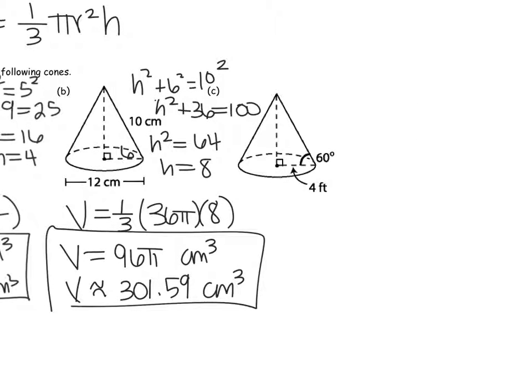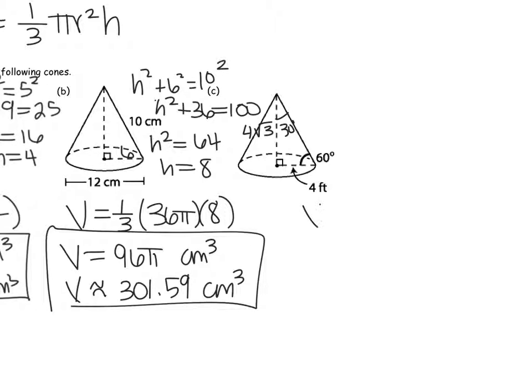In our last example, we're not going to use the Pythagorean theorem to find our height. We're going to use our special right triangle property. So the side opposite the 60-degree angle is the shorter side times the square root of 3, which means the height of our last cone is 4 square root 3.